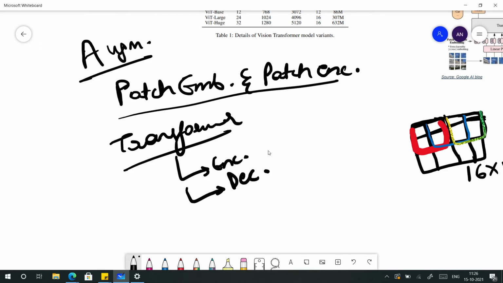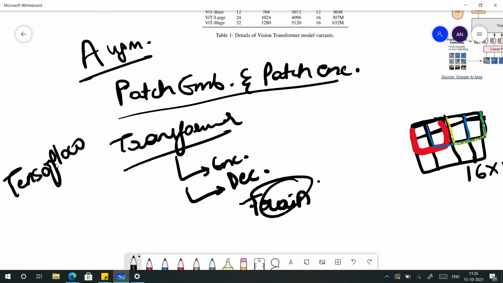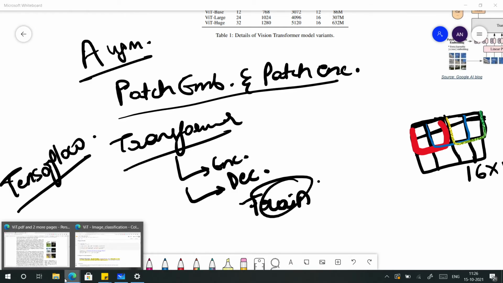This will be our architecture, and later we are going to train it. We'll be using TensorFlow for this experiment. So let's jump into it.